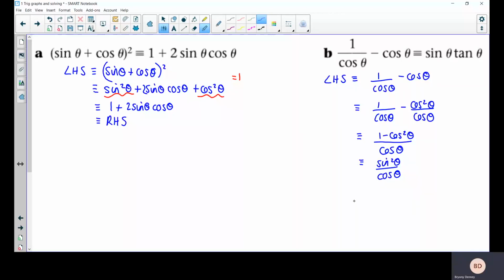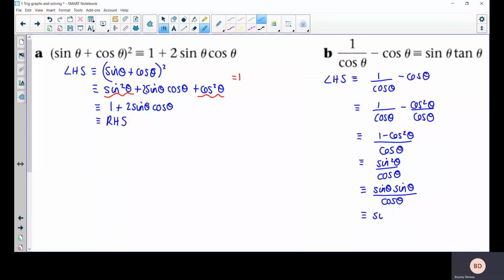And I'm looking at the right-hand side. I've got to get to a sine theta, tan theta. And really, if I had a sine theta over cos theta, that would give me a tan theta. So what I'm going to do is rewrite the sine squared theta as 2 sine thetas multiplied together.